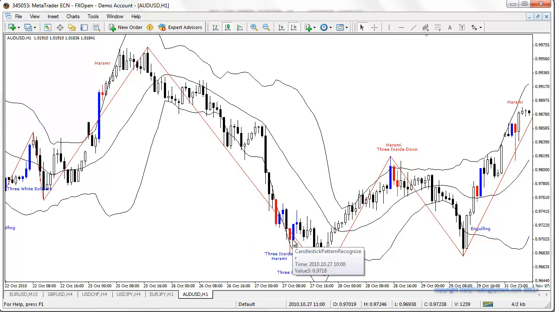The second candle's real body engulfs the first real body. You can see the blue candle is a lot larger than the red one, so it basically engulfs it. Then you have this third candle, which is the third candle of the three outside up formation.